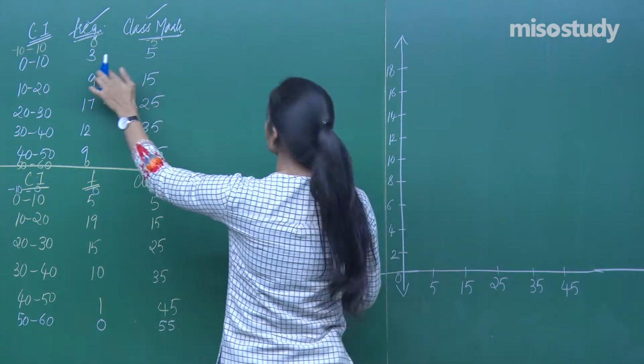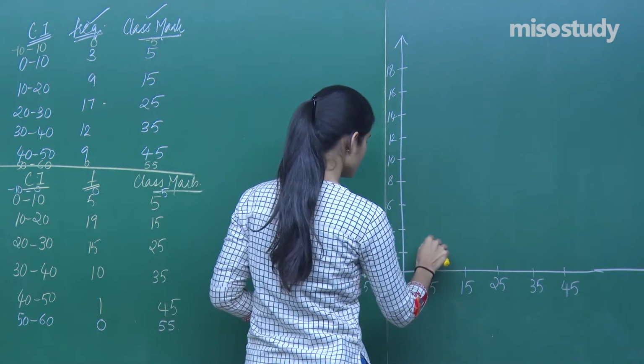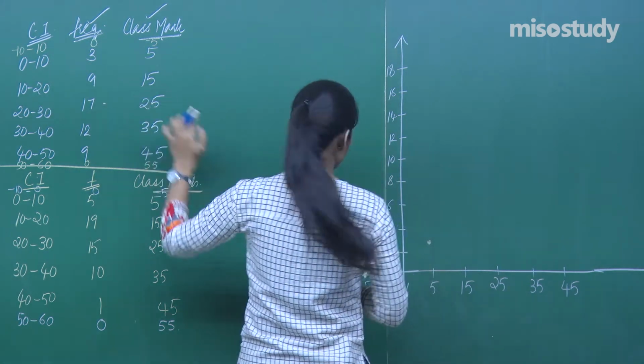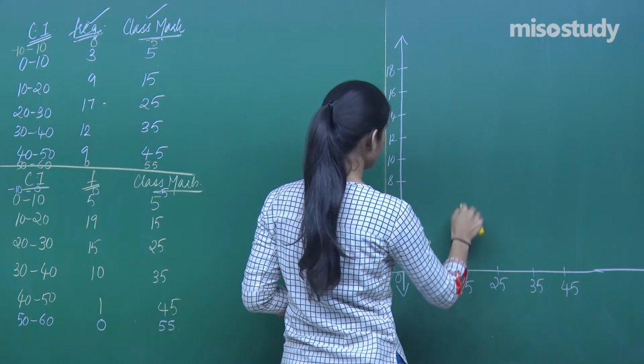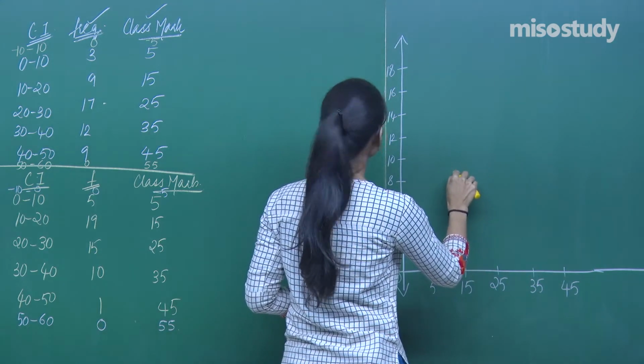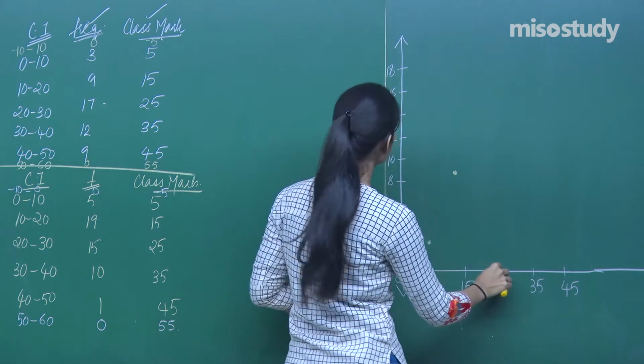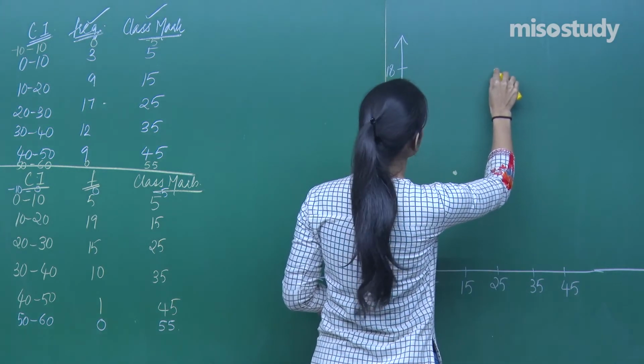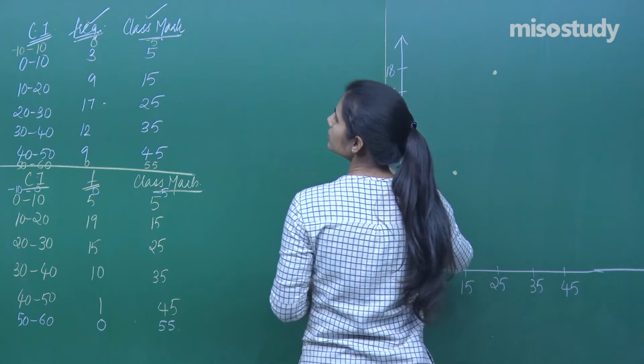Then you have 5 comma 3. Somewhere here is 3. Then you have 15 comma 9. Then you have 25 comma 17. Somewhere here is 17.